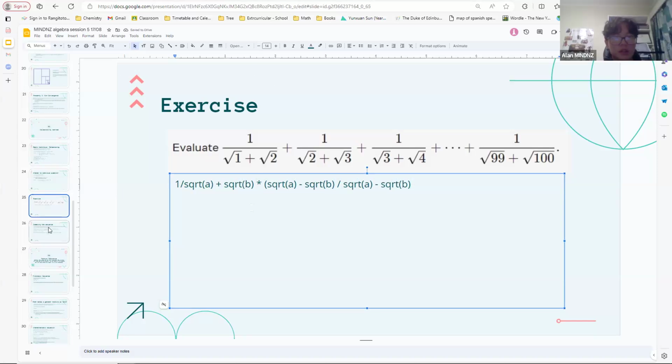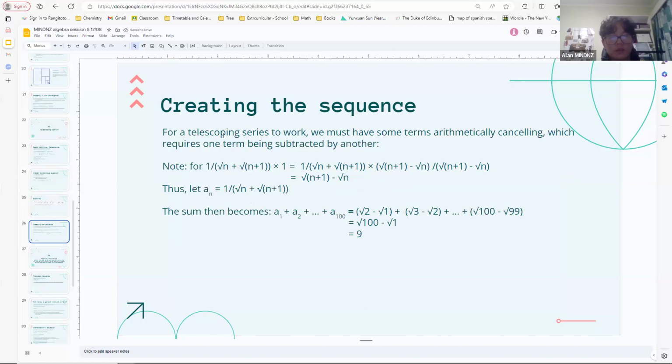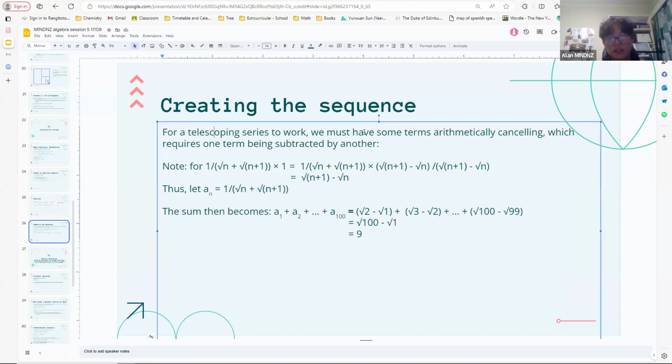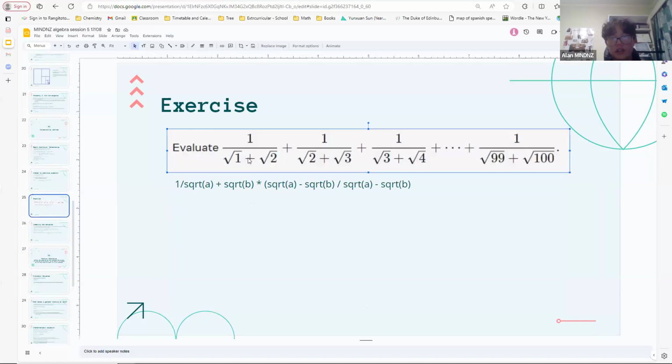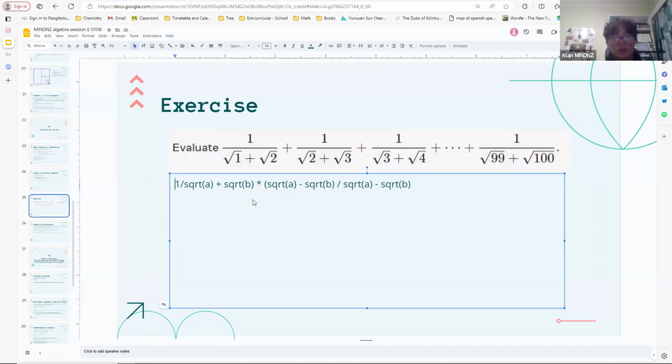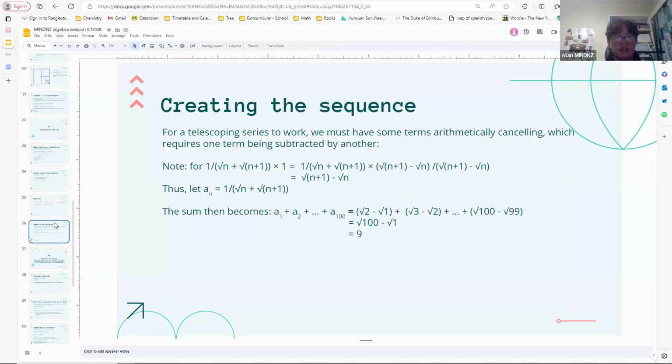Basically, for the telescoping sequence to work, we must have terms arithmetically canceling. But over here, these denominators are all irrational, and they're all different, because there are square root of 2s, square root of 3s, and also square root of 99.